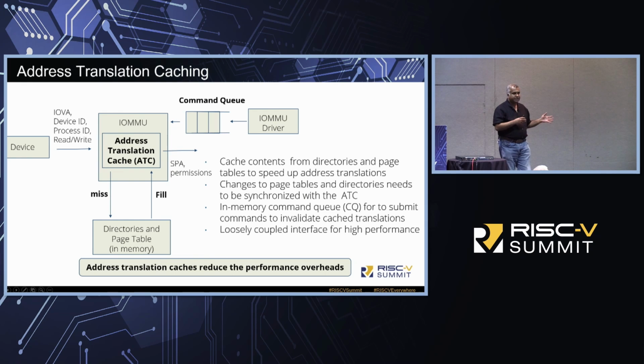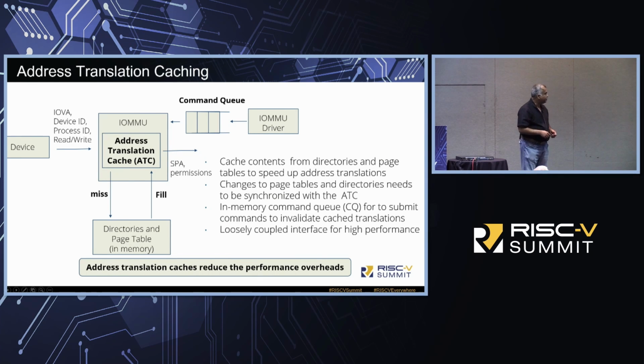You might be thinking, there are a lot of tables, and if every memory access needs to look up a device context, a process context, each of them being tri-tables, and a page table, that single transaction could turn into 20 memory accesses, right? Now you want to optimize for that, and what IOMMUs typically do is they have address translation caches. Similar to how TLBs help on the hart, they cache contents from these directory structures and page tables.